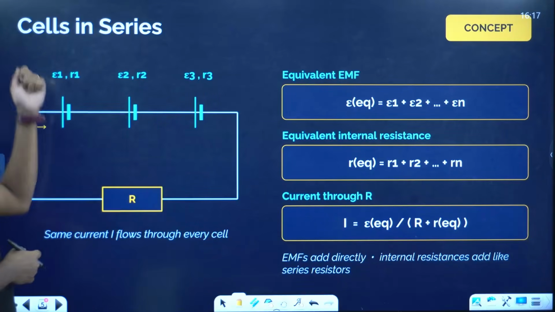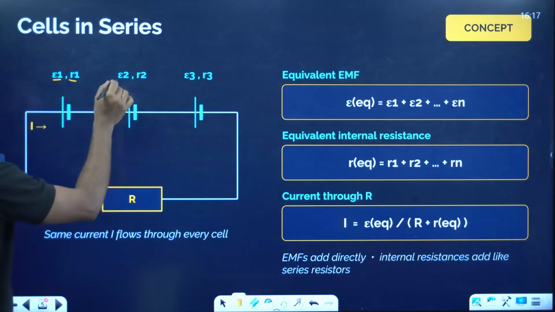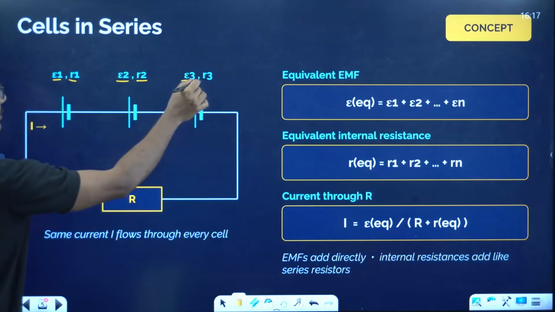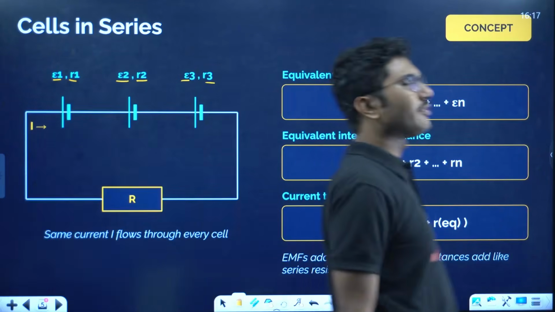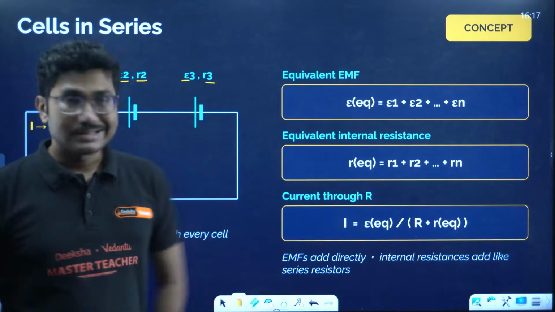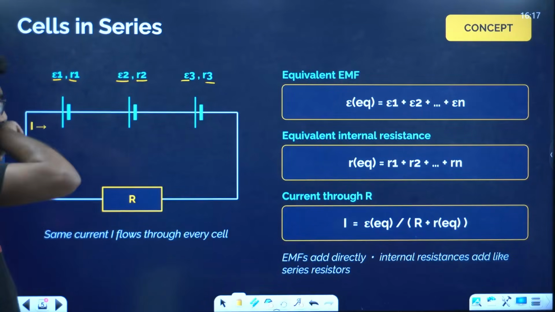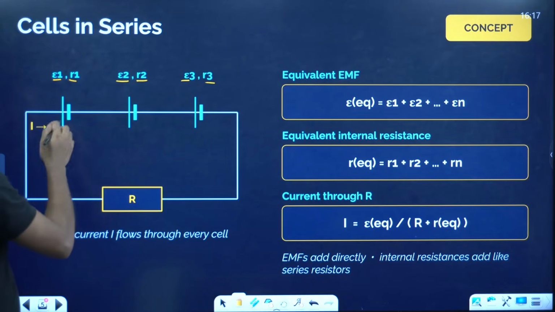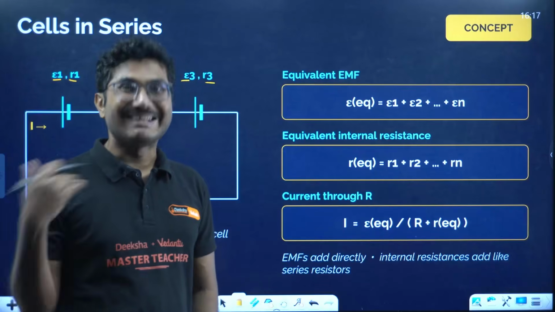Now let's see cells in series. So here we have epsilon 1 R1, epsilon 2 R2, epsilon 3 R3. So three cells having three different EMFs and three different internal resistances. They are now connected in series. So when you connect them in series, the overall EMF of the circuit increases.